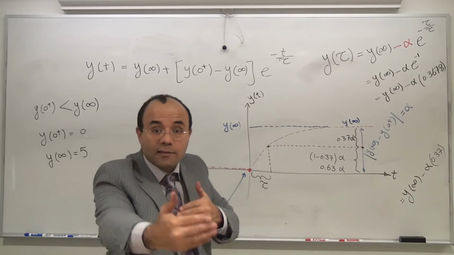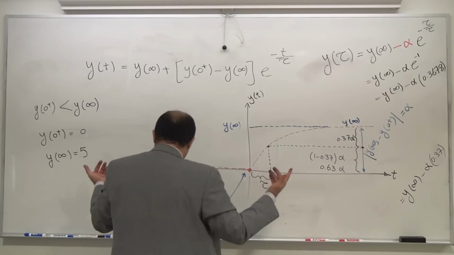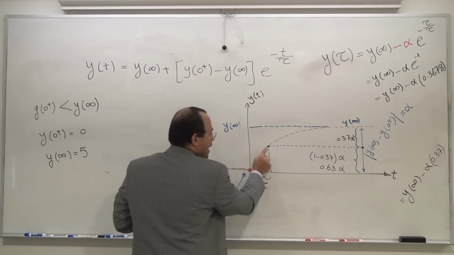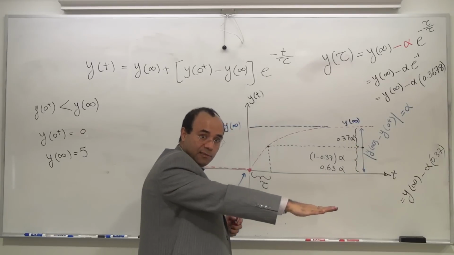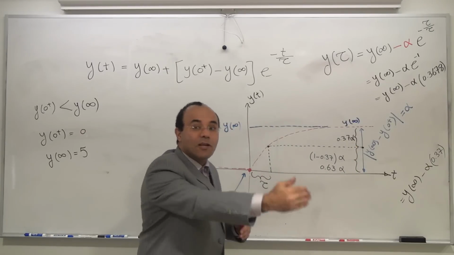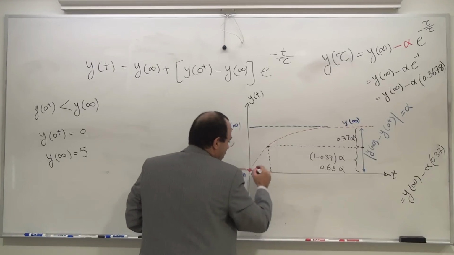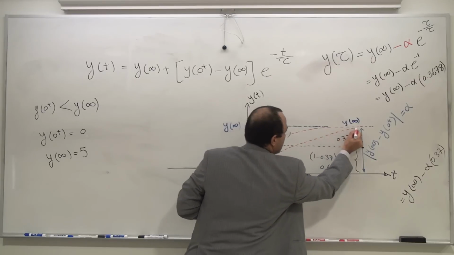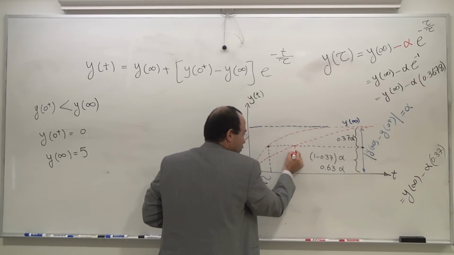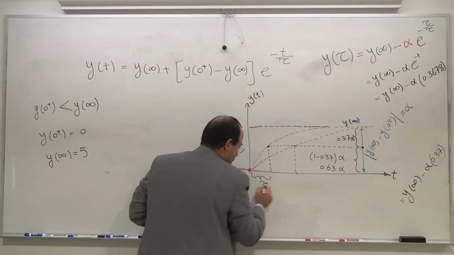Now the longer the tau is, what does it mean? It means if I want to reach the same level, the same height in the signal, the longer the tau is, it means it takes longer time. Take a look. This is what it is. This is my tau now. You see? The same level though. This is my new tau.